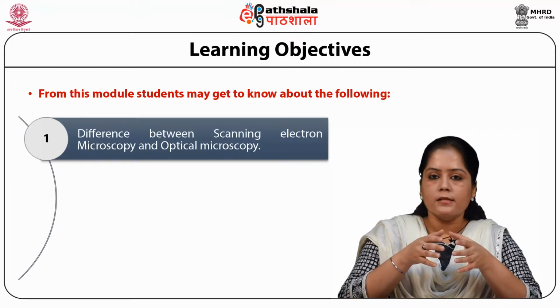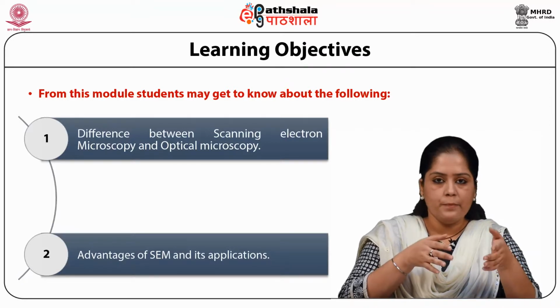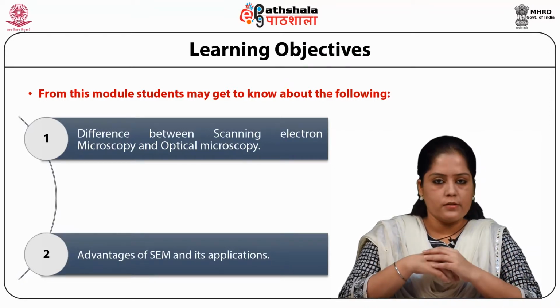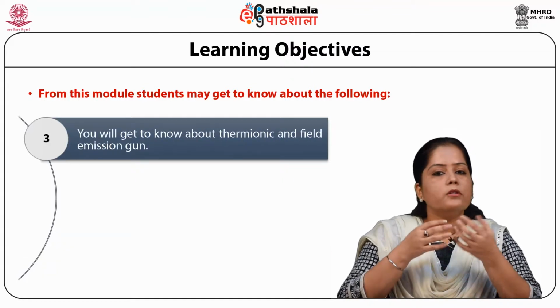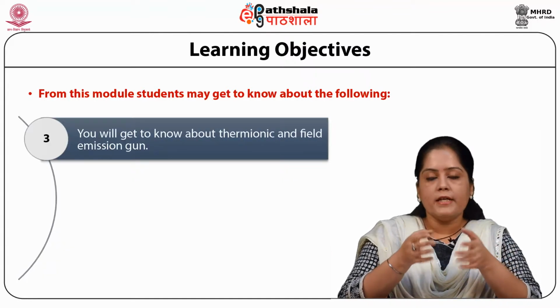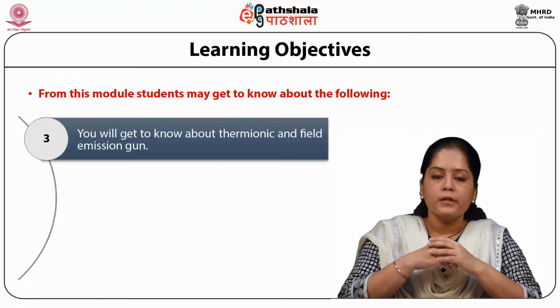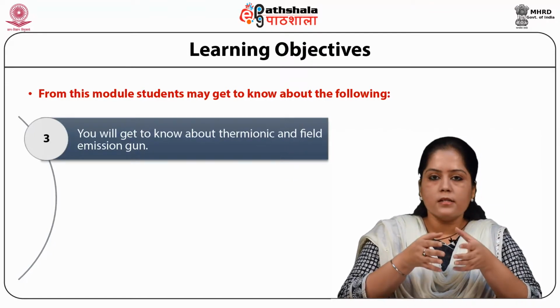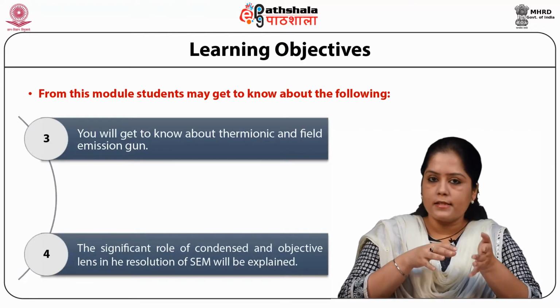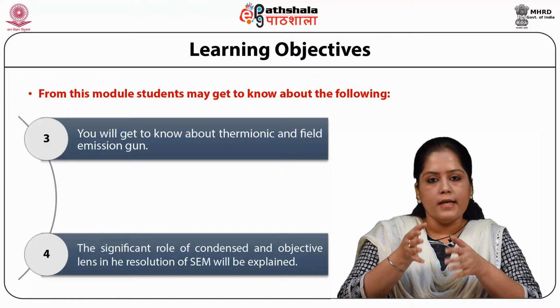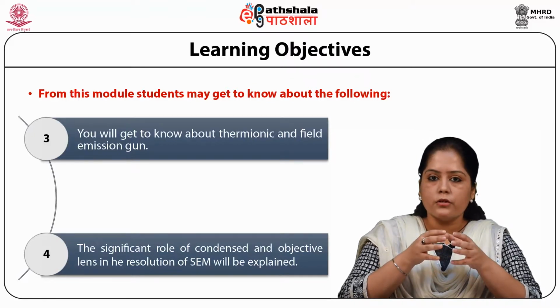Second, we'll discuss the advantages of SEM and its applications. Third, we will get to know about thermionic and field emission gun. Lastly, we will discuss the significant role of condenser and objective lens in the resolution of SEM.